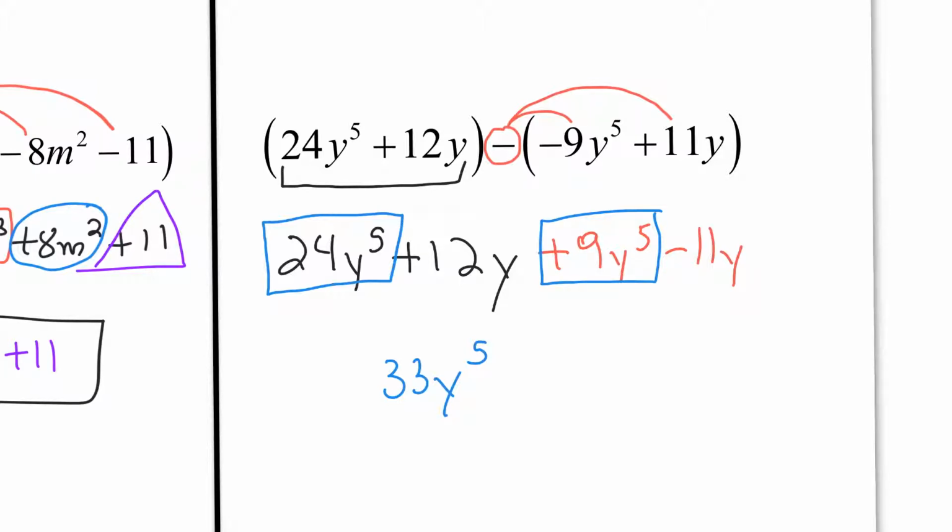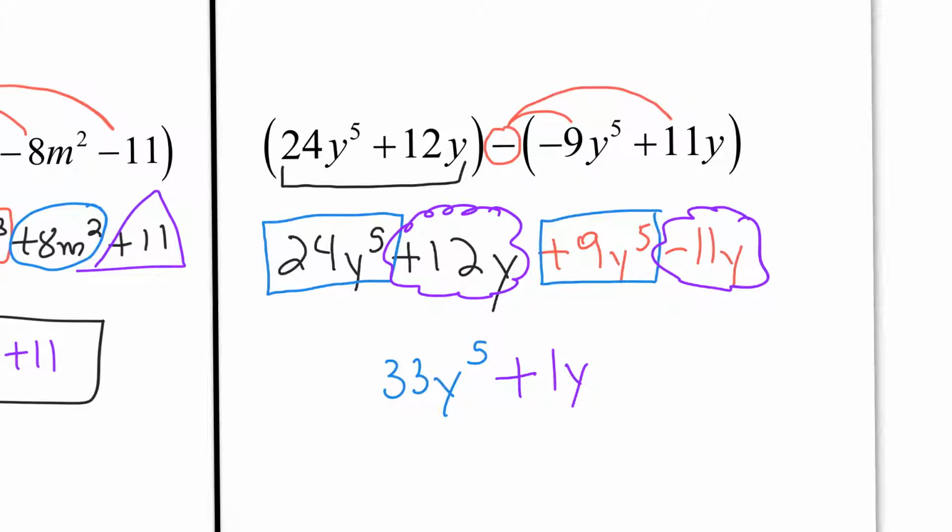So I am going to combine this positive 12y and this minus 11y. 12y minus 11y is 1y. You don't need that 1 next to the y, so I'm just going to erase it, plus y. And the next one should be the constant, but we don't have a constant in there, so we got the answer. The answer is 33y to the 5th power plus y.